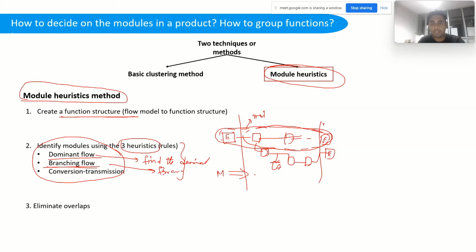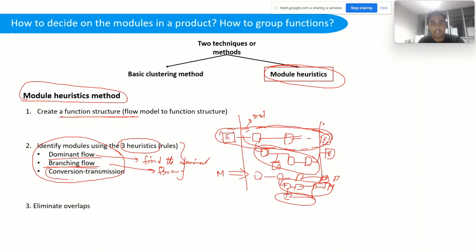If there's a dominant path, there can be some sort of sub path also, which can also end up having some sort of material output. So these sub paths are called branching flows. Those can also be grouped as a module, as particular functional blocks.